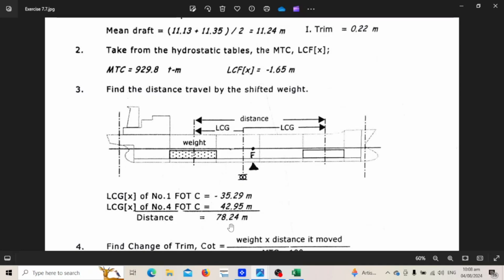If this is 35.29, plus the distance from the center of flotation to the number 4 FOT tank, that will be 42.95. You just add these and you will have 78.24. This negative sign has no value. Why?